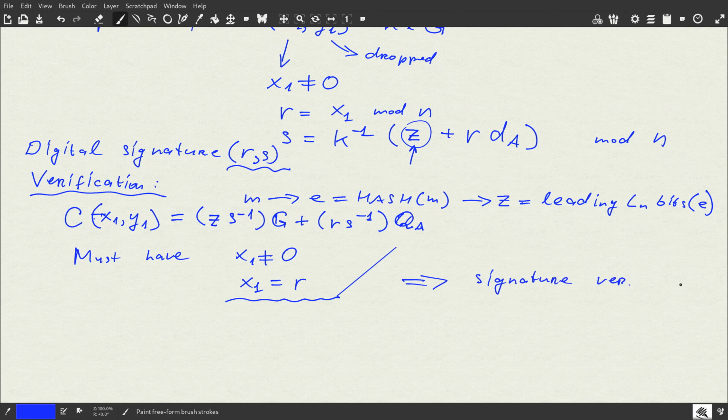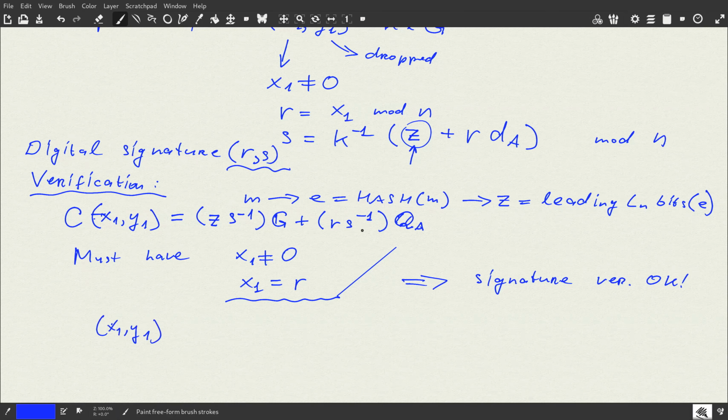Why is that? It is very, very easy to see that just by continuing this way. According to our definitions, z is our value, but what is actually the value of r? You can see this point x1, y1.